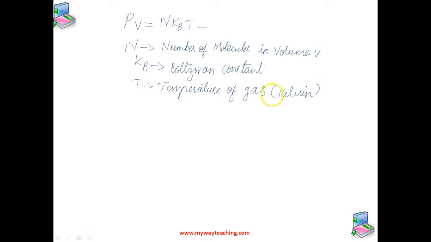So for an isothermal change, it follows from this equation A, that is V delta P plus P delta V is equal to 0.